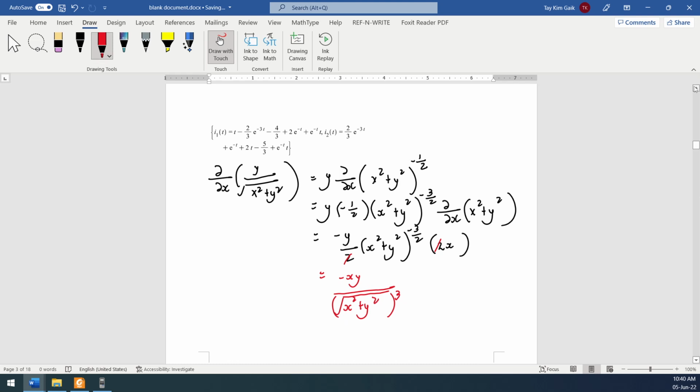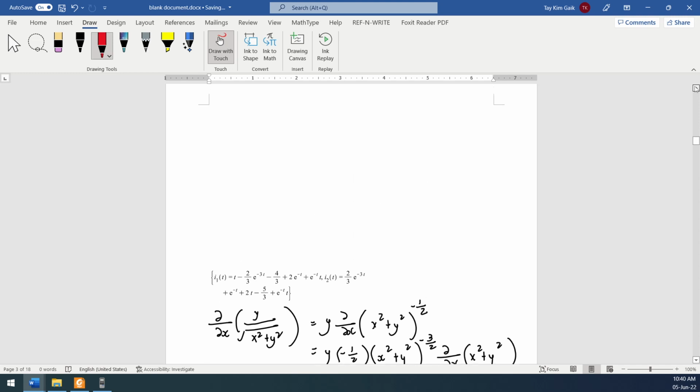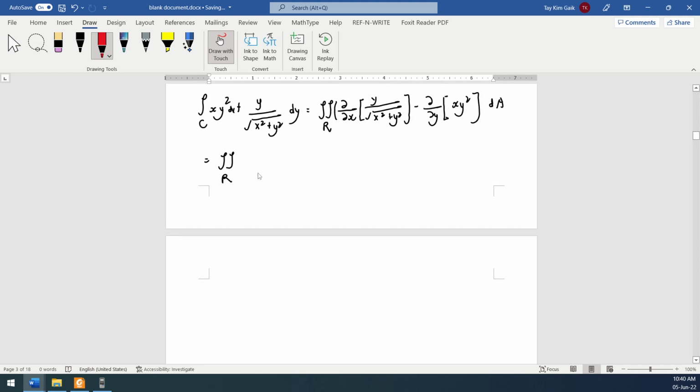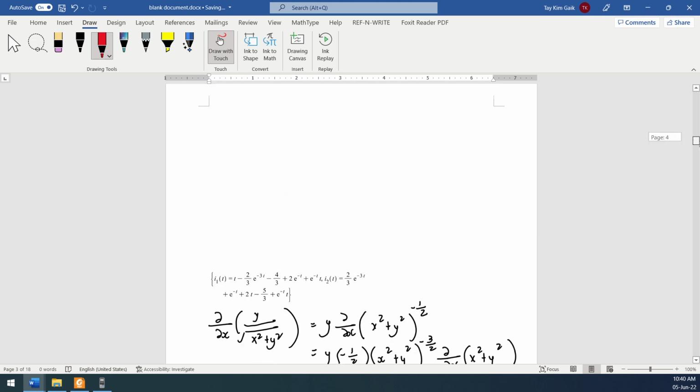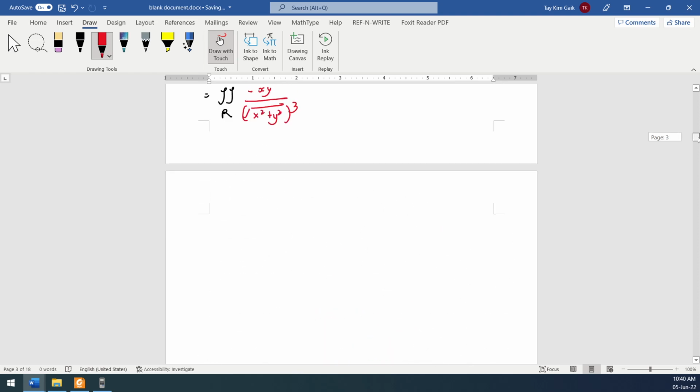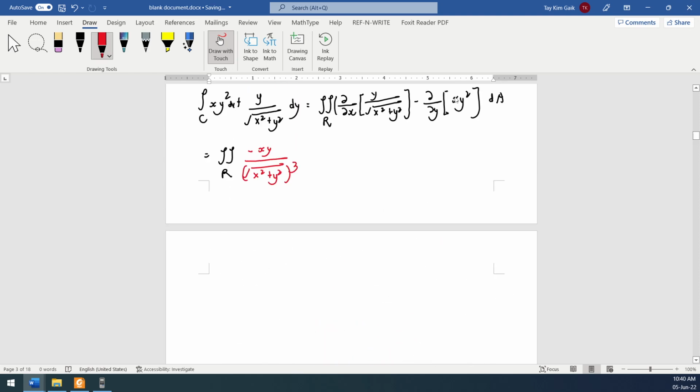So your del x answer is negative xy over square root of x squared plus y squared power 3. Later on, del y of xy squared, you got the answer negative 2xy dA.